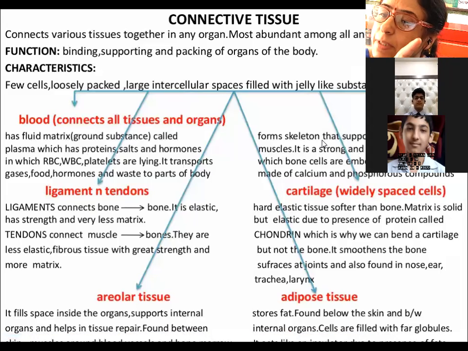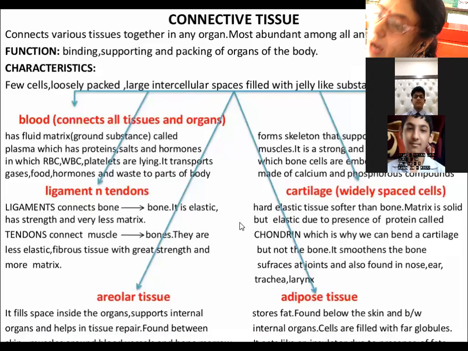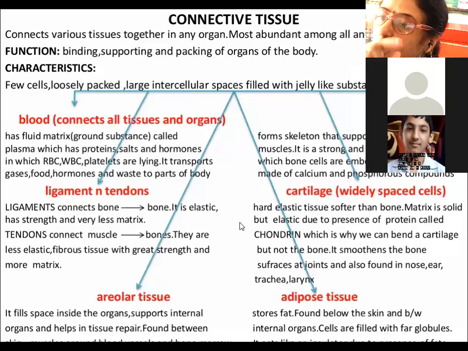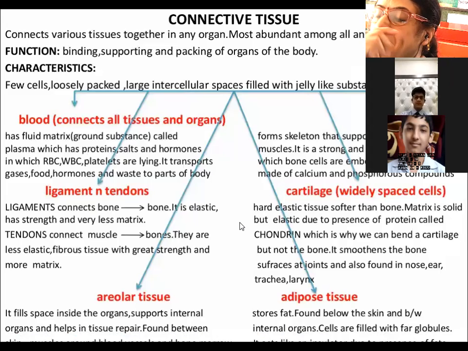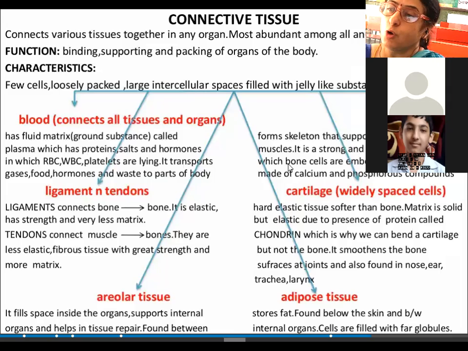And what is RBC? RBC is red blood cells. RBC have the pigment called hemoglobin. जैसे in plants, there is the presence of chlorophyll in the chloroplast.